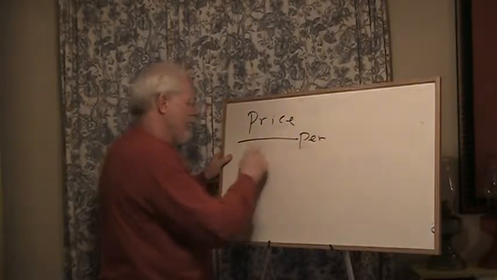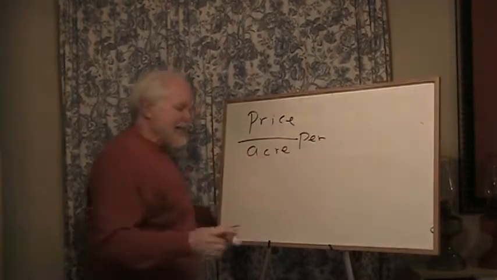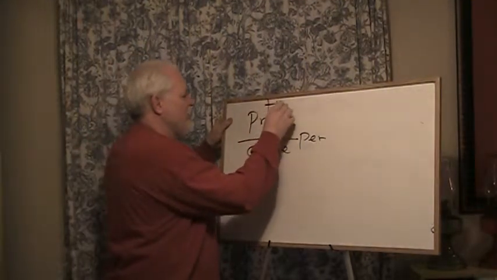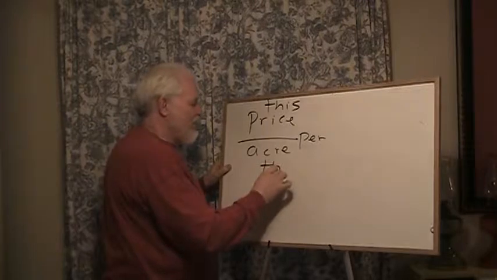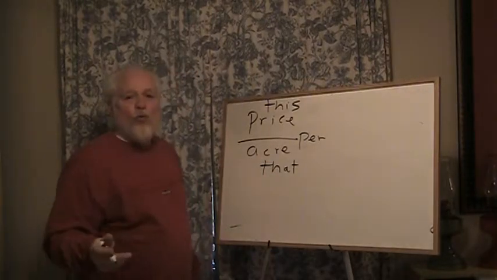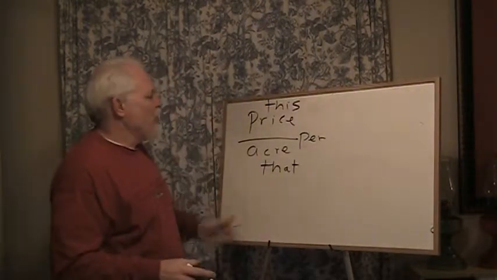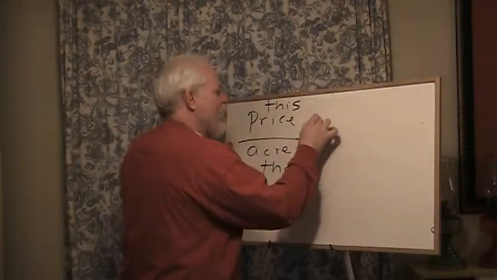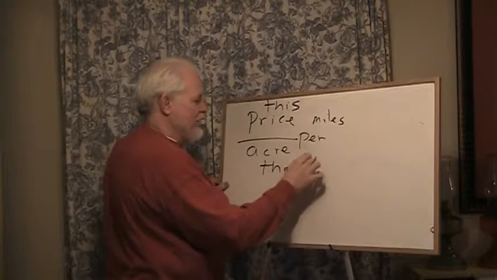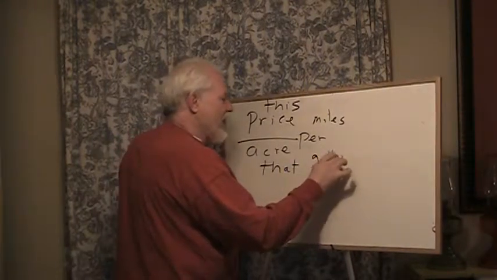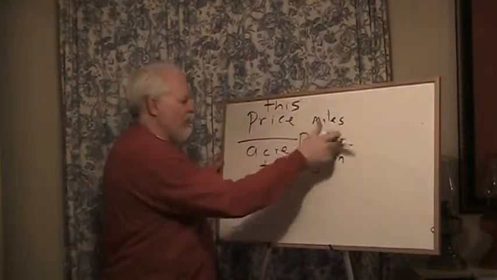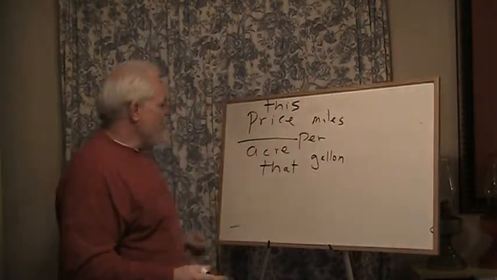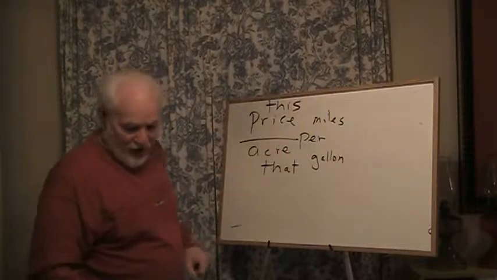Anytime you see a question that says this per that, it doesn't matter what it is, this per that. How many miles per gallon? The miles go on the top of the equation. The gallons go on the bottom of the equation. So the question says, what is the price per acre?